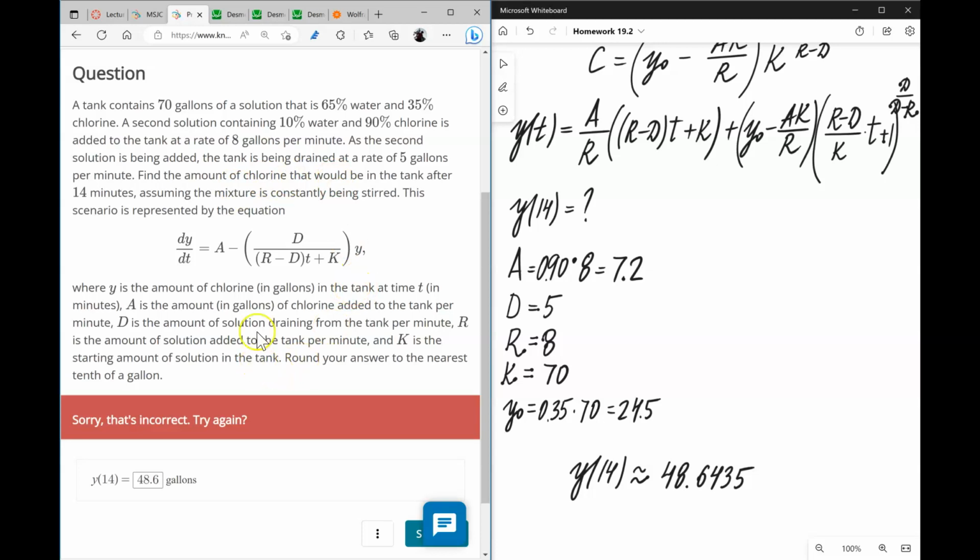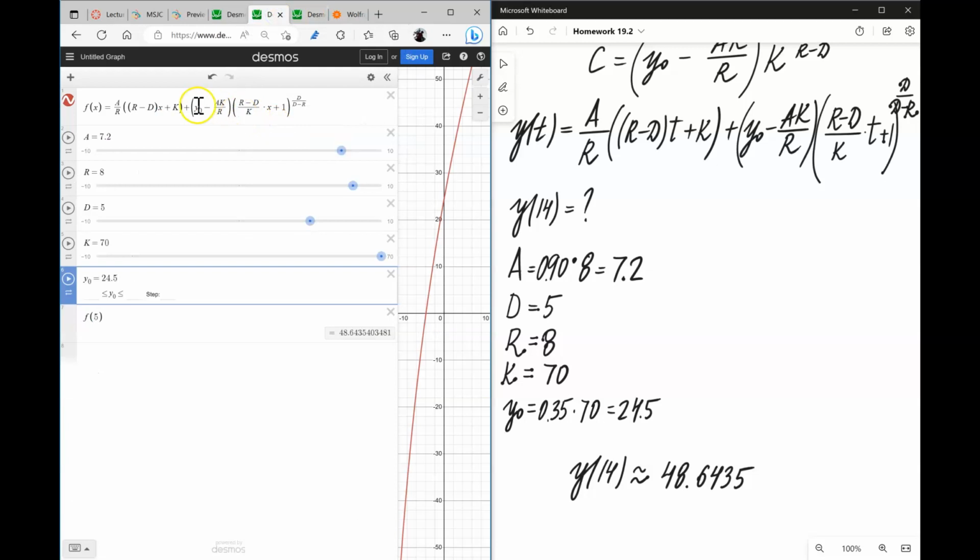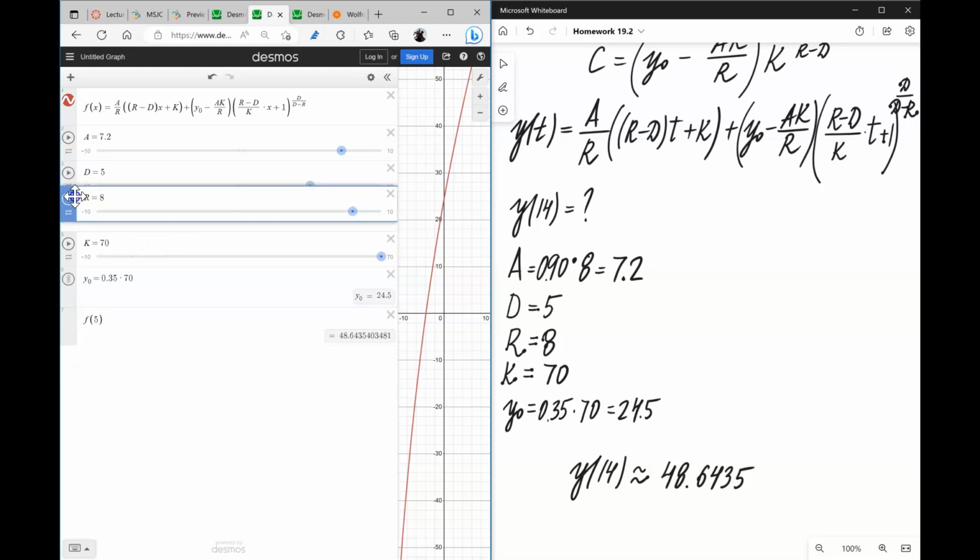And K is the starting amount of the solution. So K is 70. Let me check. So this is fine. K is 70, R is 8, D is 5.